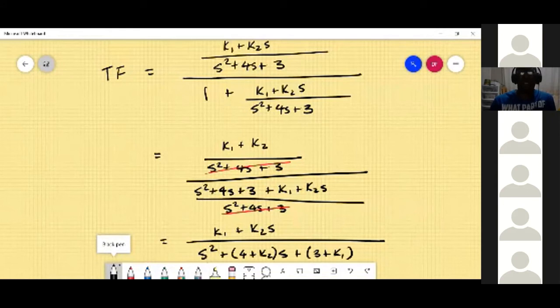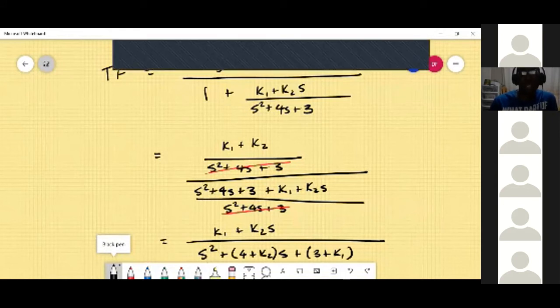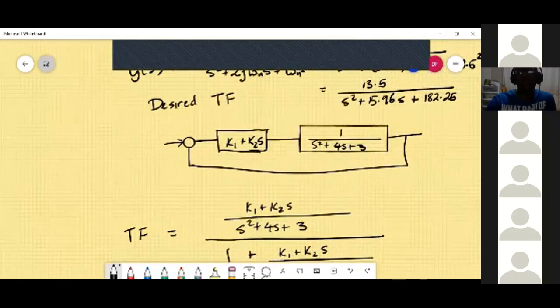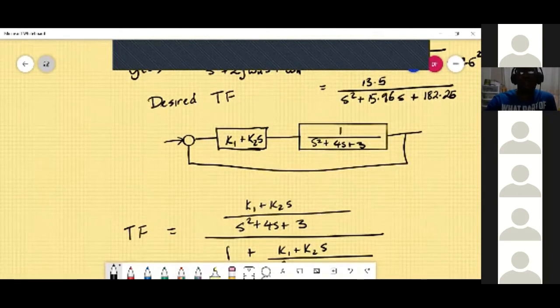So what we are saying is that we can set the values of the K's so that the K's can be used to change the transfer function of the system to the desired transfer function, which is S squared plus 15.96 S plus 182.25.